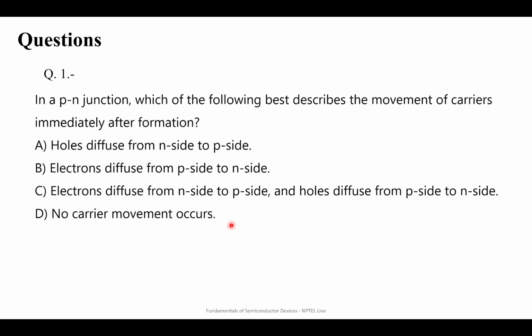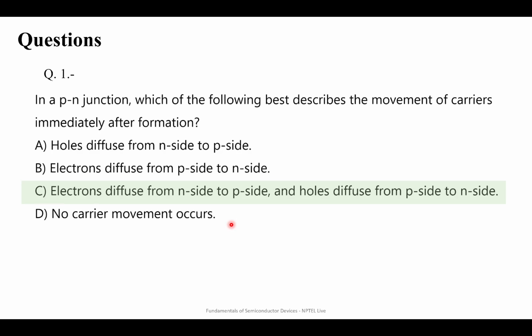So the answer to this will be C. Electrons diffuse from N side to P side and holes diffuse from P side to N side. In the P side, there is an excess hole concentration, and in the N side, there is an excess electron concentration.